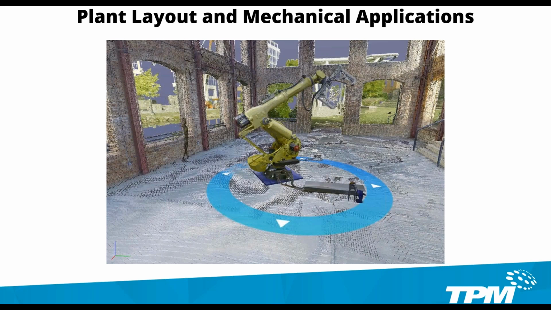Now, as I mentioned earlier, if you're trying to do reverse design stuff, you're probably going to want to use the Artec scanner for that, and we also provide that as a service, and we sell them as well.